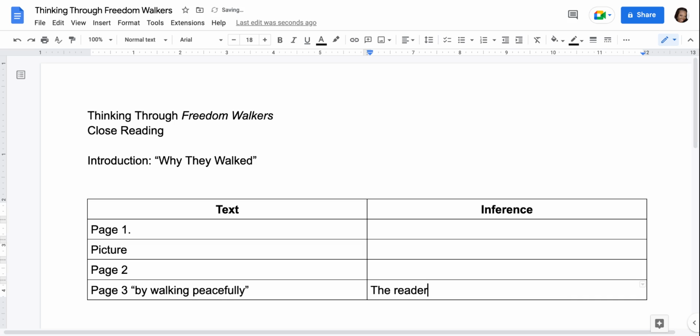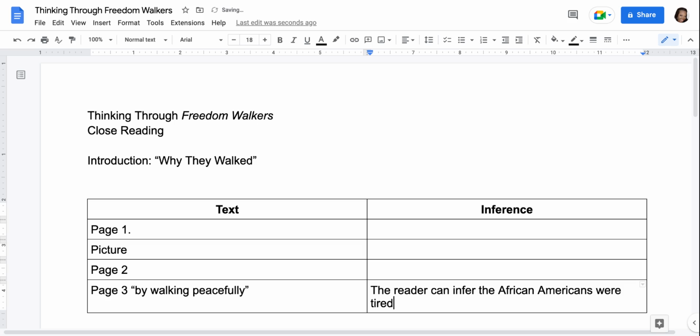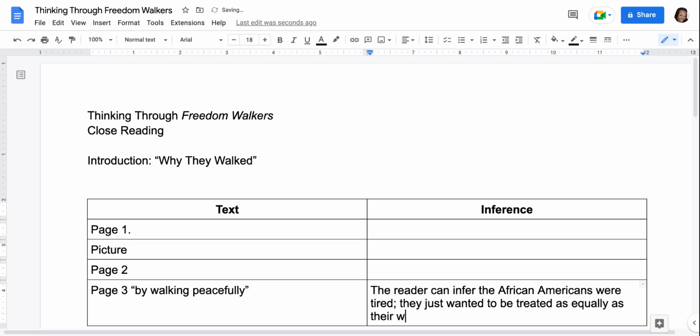The reader can infer the African Americans were tired. They just wanted to be treated as equally as their white peers.